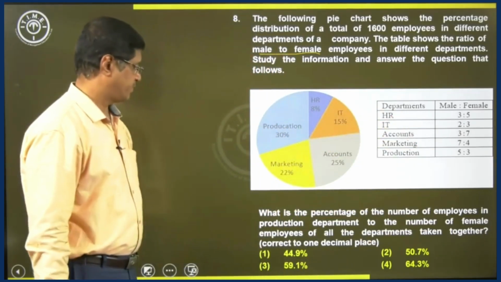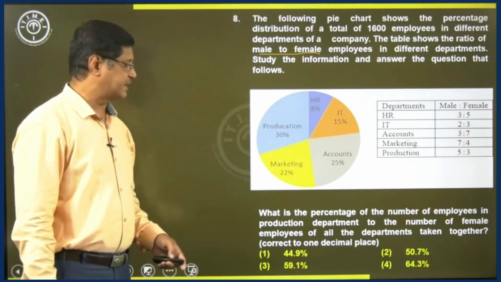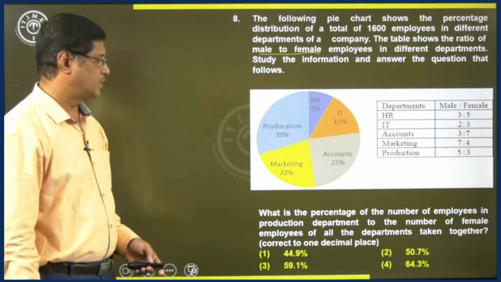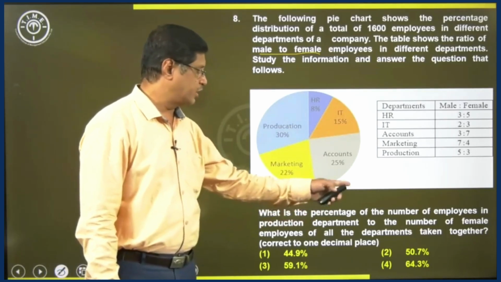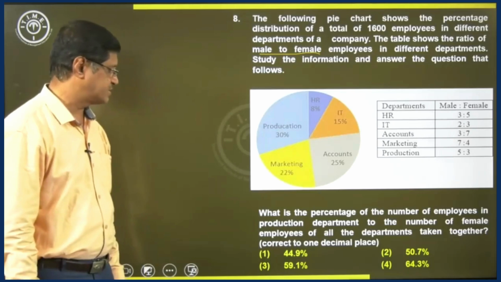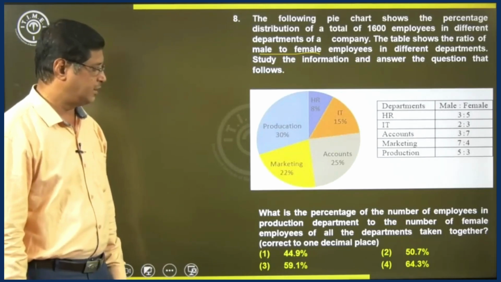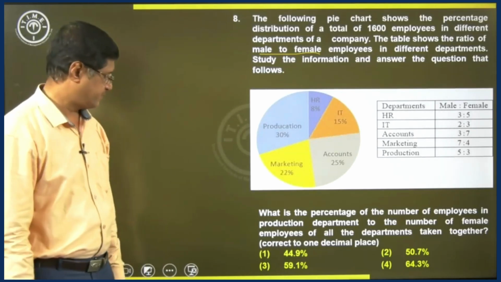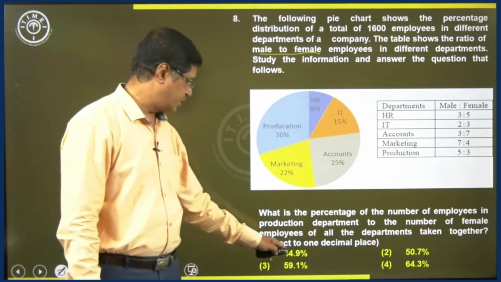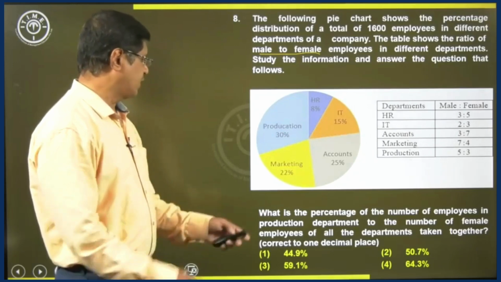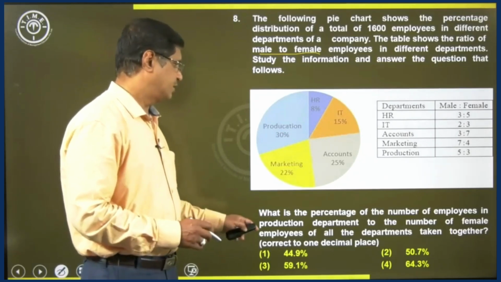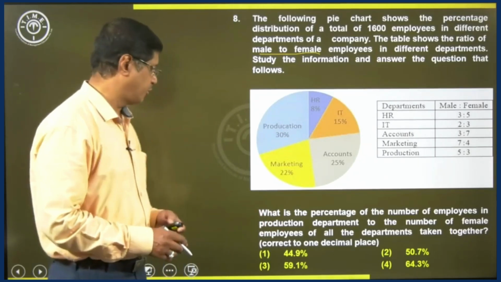Look at the question. What is the percentage of the number of employees in the production department to the number of female employees of all the departments taken together? The value here corrected to 1 decimal place. So first of all, find out how many employees are in the production department.